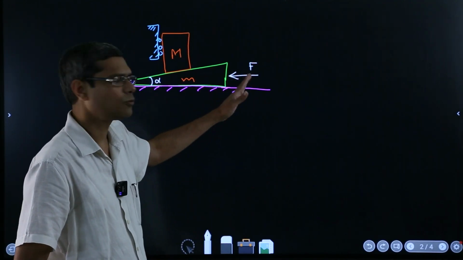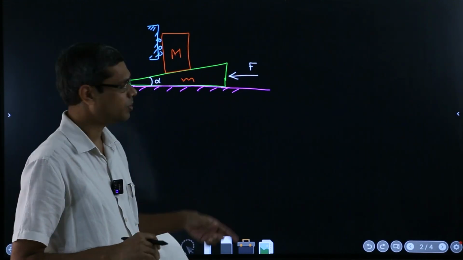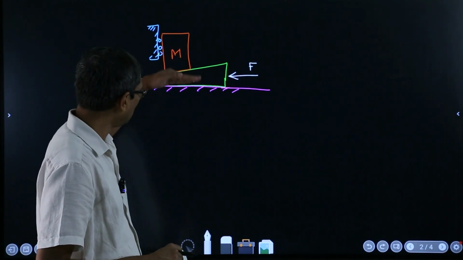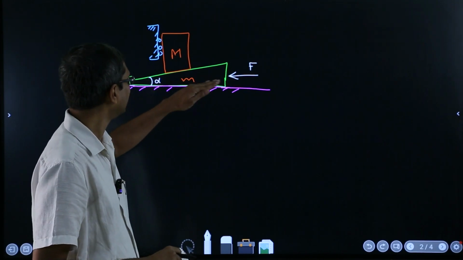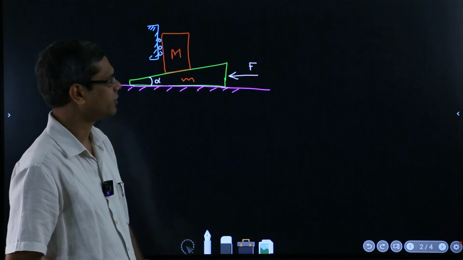But if you have only a low amount of force available, you can use a lower alpha wedge and still lift it off, slowly, but you can lift it off.